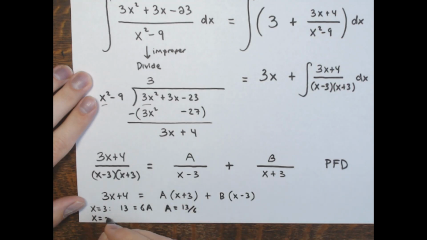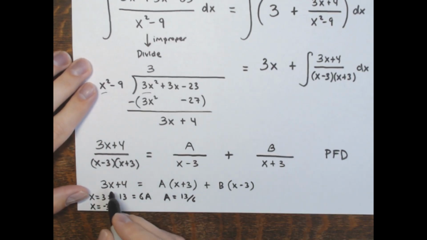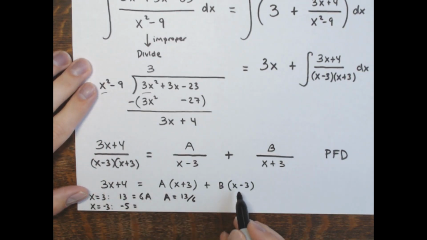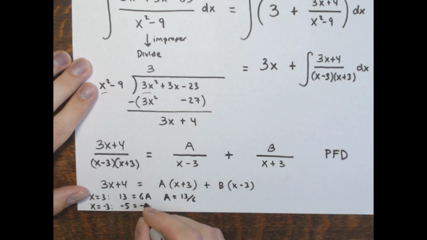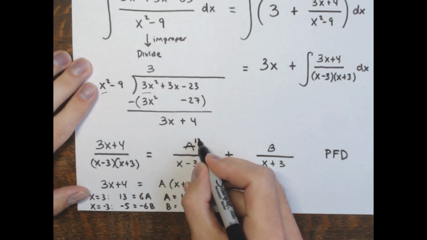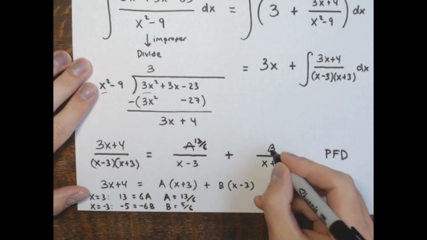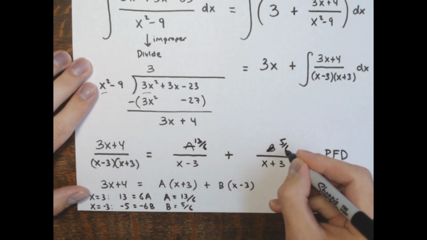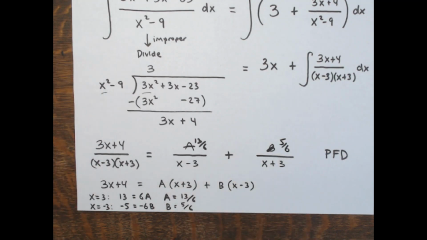And then I'm going to have x be negative 3. That gives me negative 9 plus 4, that's negative 5 on the left, and then negative 6B on the right. So B must be positive 5 sixths. So this is 13 sixths over x minus 3, and this is going to be 5 sixths over x plus 3. And I get some easy integrals with logs.